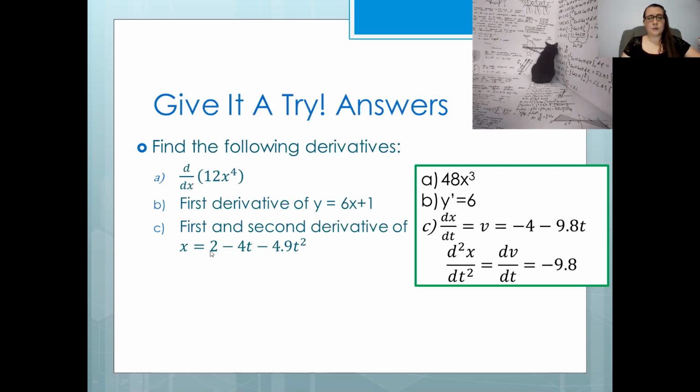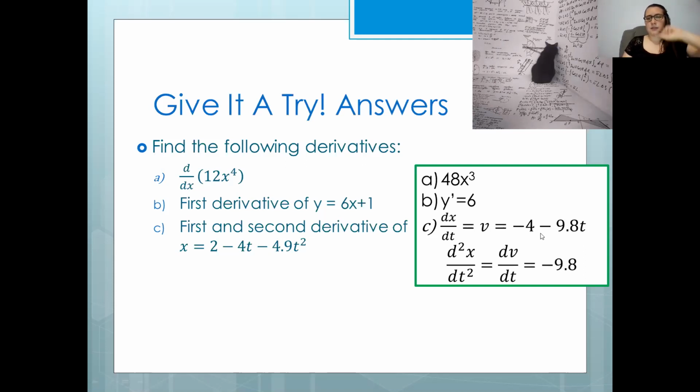So since this first part is a constant, when we take the derivative, it'll go away. It's just 0. The derivative of a constant is 0. The next portion, minus 4t to the 1 becomes just minus 4, right? Because we multiply by the exponent 1, subtract to get t to the 0.